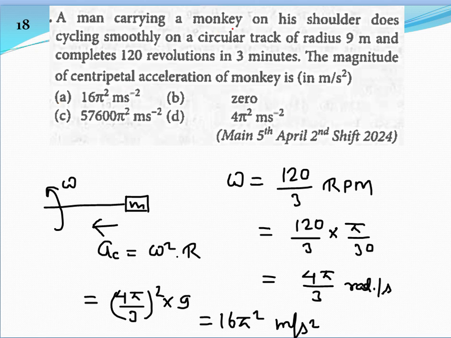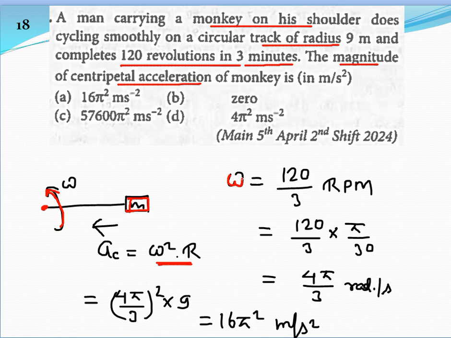A man carrying a monkey on his shoulder does cycling smoothly on a circular track of radius 9 meter and completes 120 revolutions in 3 minutes. The magnitude of centripetal acceleration. I'm just considering that a particle revolving in a circle with omega. So AC becomes omega square into r. We have to calculate the centripetal acceleration.